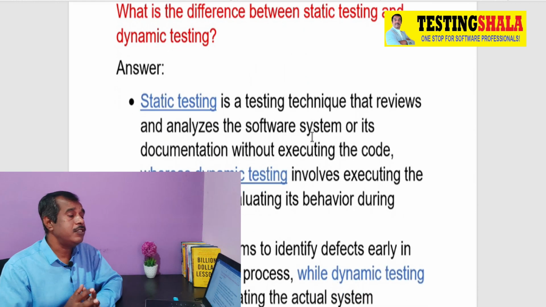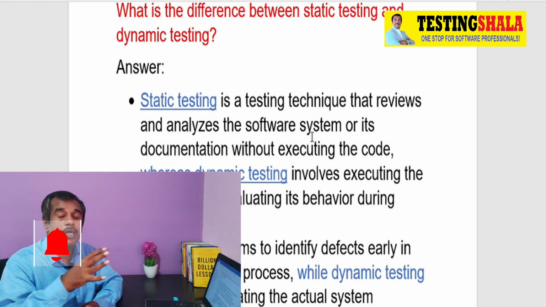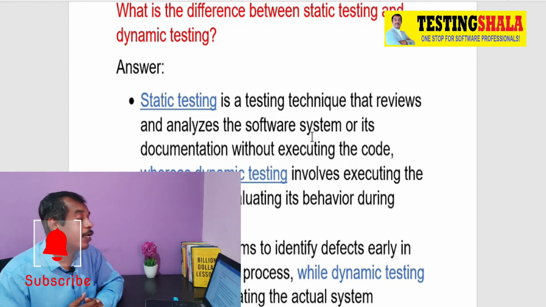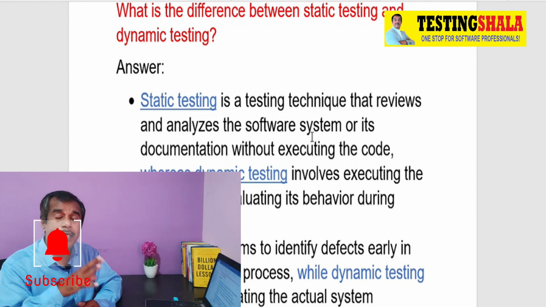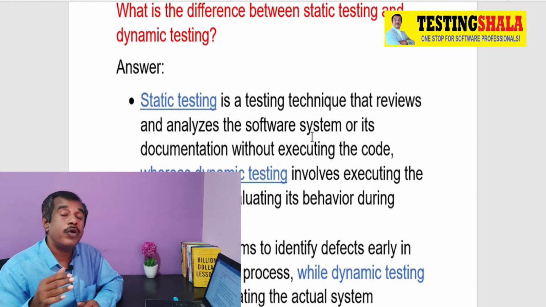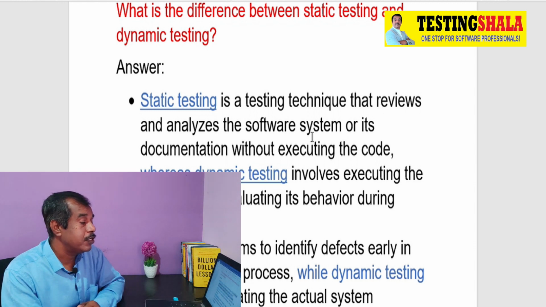And the next question is, what is the difference between static testing and dynamic testing? We just talked about static testing, so now we will see the differences between static versus dynamic testing. Static testing we already talked about: without executing the code, we test using code reviews or walkthroughs. All those things we do as part of static testing.